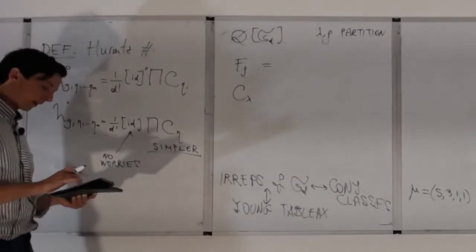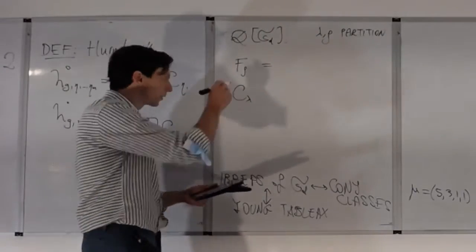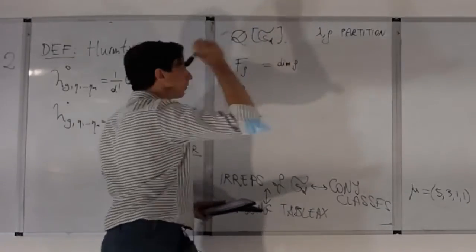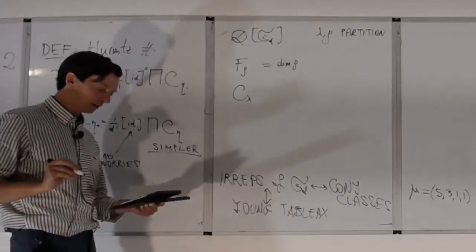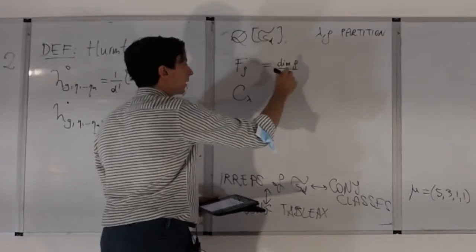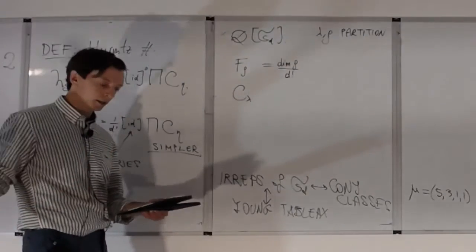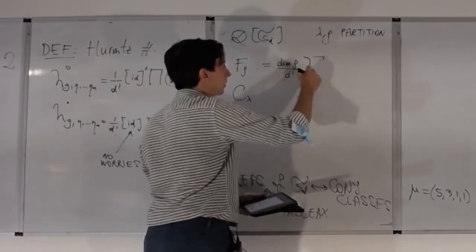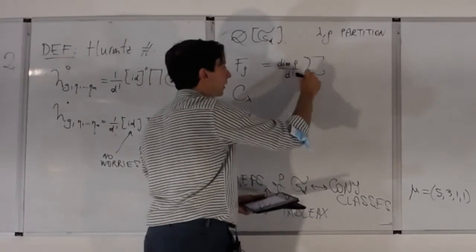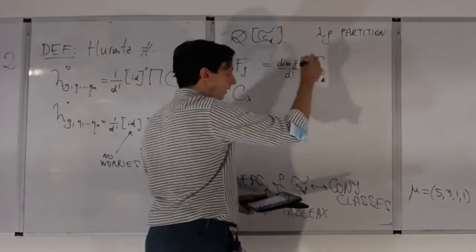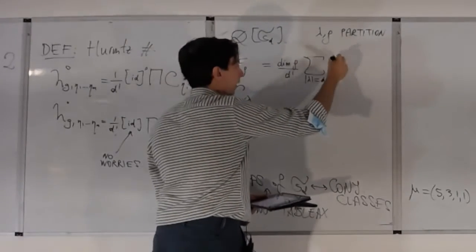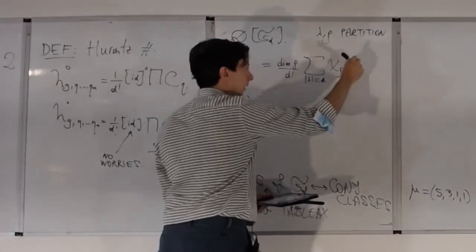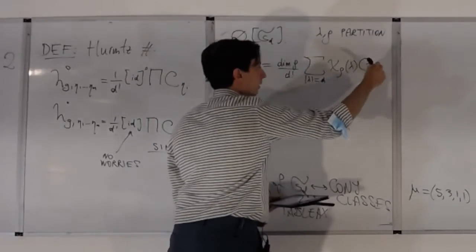Good. And so now what you want to do is the following. You take F rho, defined as the dimension of rho, as irreducible representation, divided by d factorial. d is always the size of the partitions. And here you sum over lambdas such that their size is d, and you put the character of the irreducible representation rho evaluated at lambda, times C lambda.